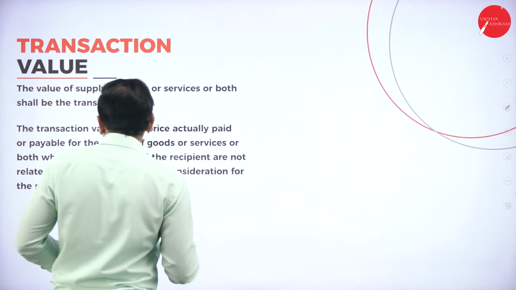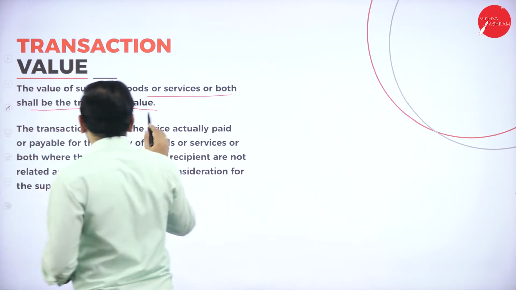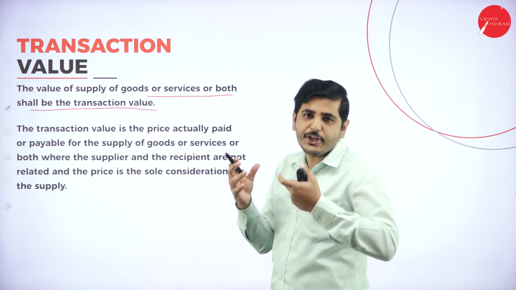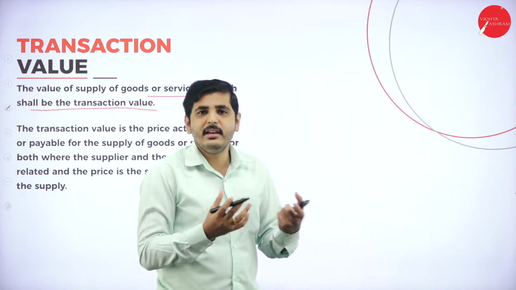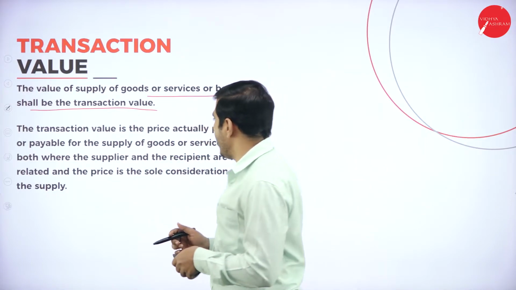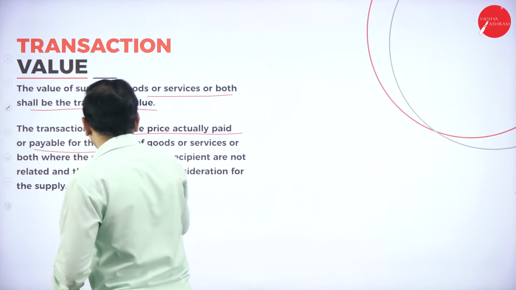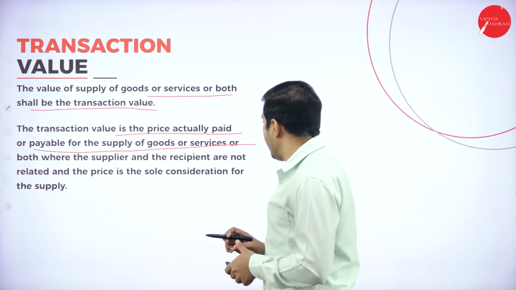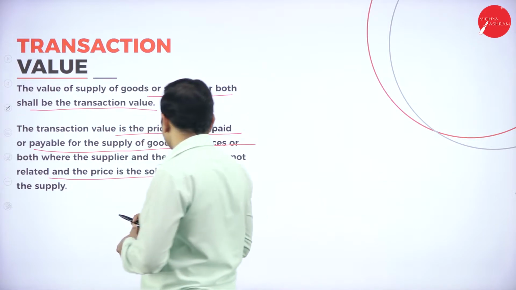Next point, the value of supply of goods or services or both shall be the transaction value. Whatever the actual price of the goods plus other expenses will be called the transaction value. The transaction value is the price actually paid or payable by the supplier of goods or services or both, where the supplier and the recipient are not related and the price is the sole consideration.